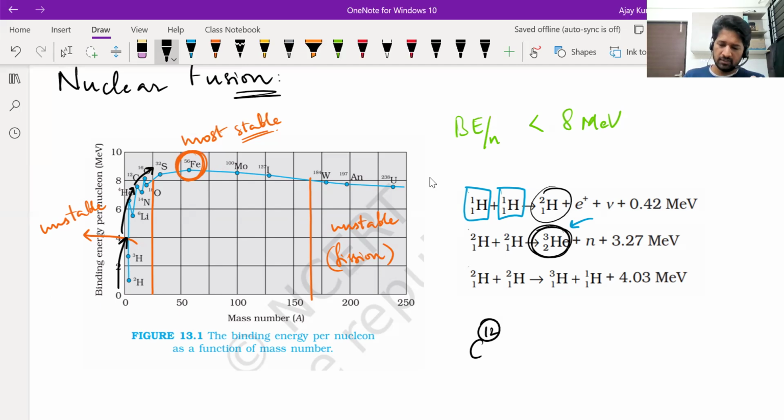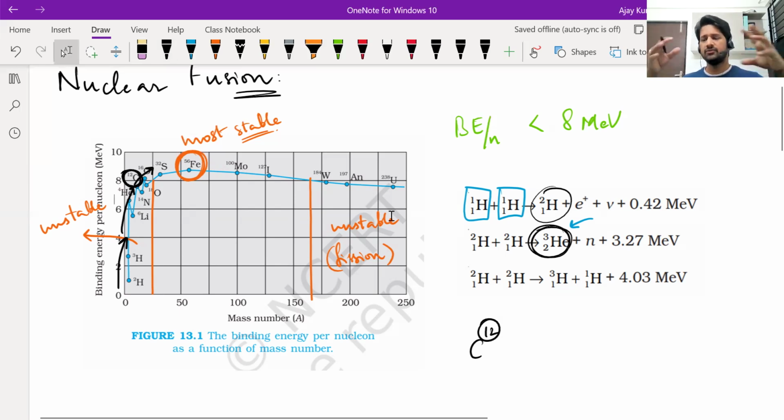When carbon nuclei fuse to become a heavier nucleus, that heavier nucleus will have a binding energy per nucleon more than 8. It will be stable. That is when the star is said to be dead. It cannot release energy any further. Only as long as these fusion reactions are happening will it be able to release energy.